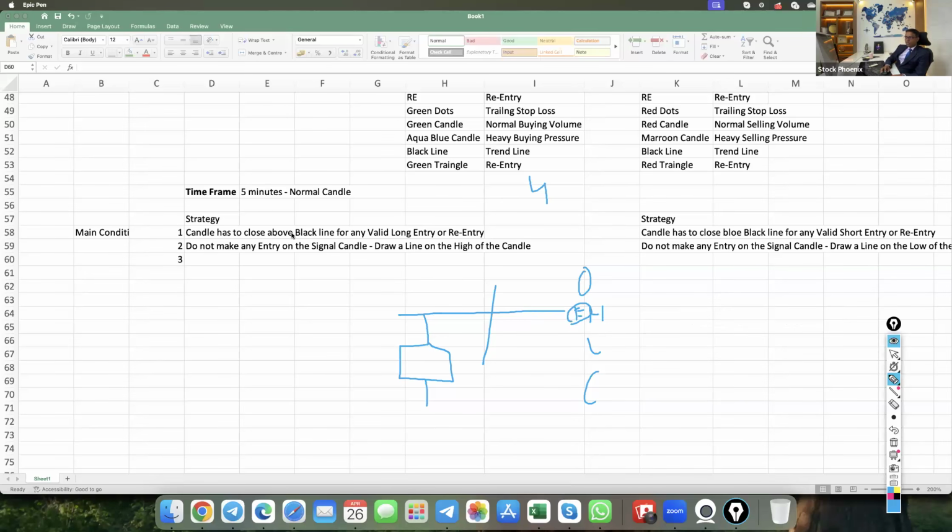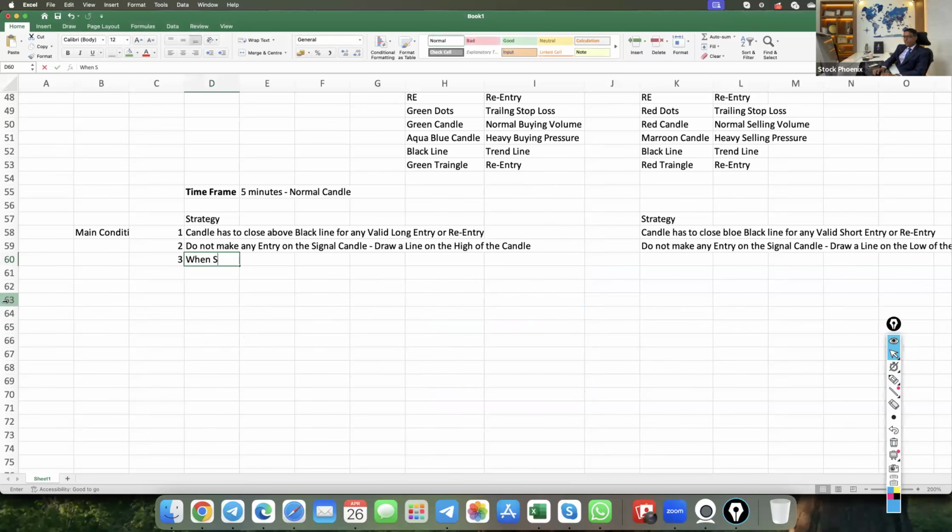Straight, simple. When the candle high is marked, when the high is breaking, make an entry. So, when the signal candle high is breaking, make entry.